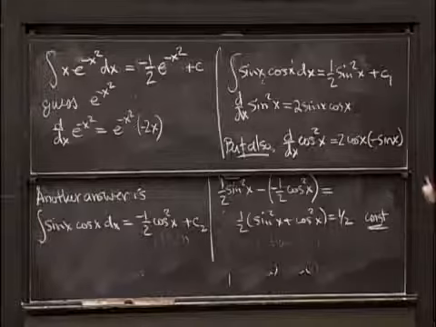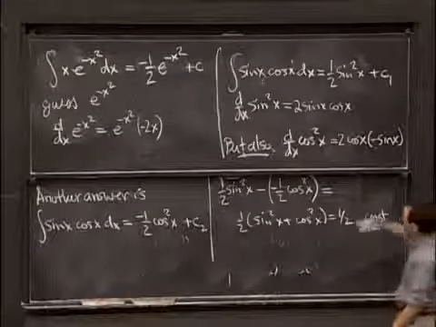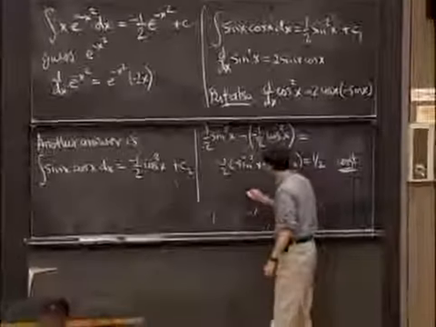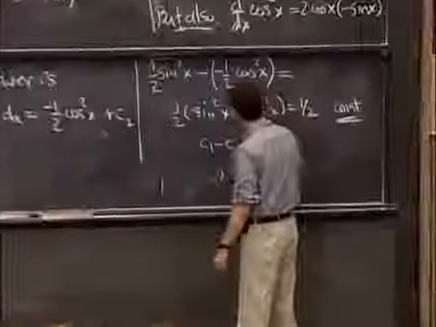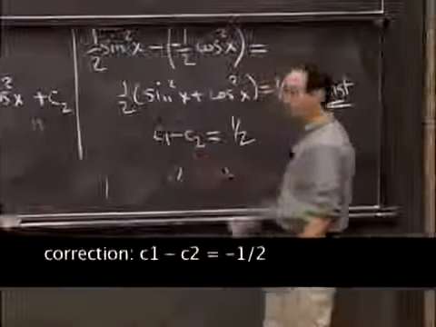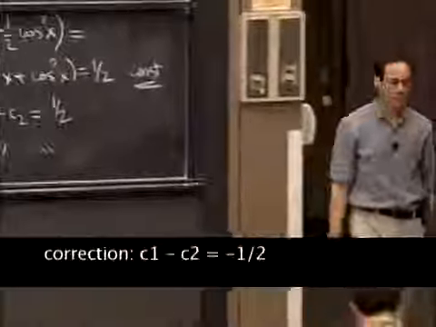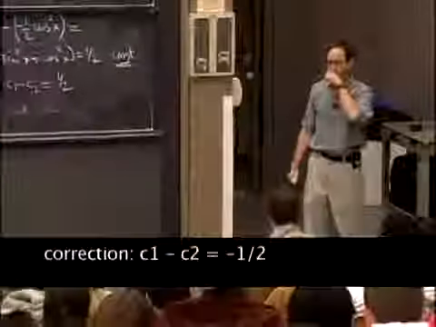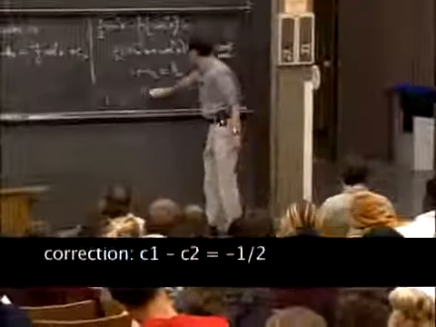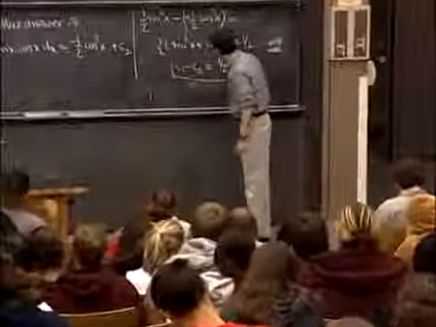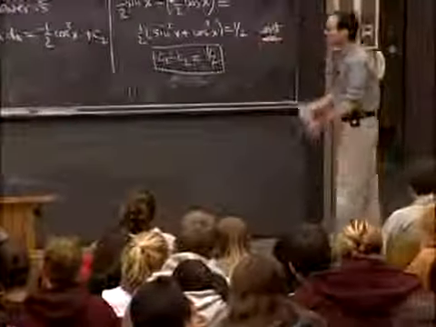And what's the relationship between C1 and C2? Well, if you do the subtraction, C1 minus C2 has to be equal to a half. They're both constants, but they differ by a half.